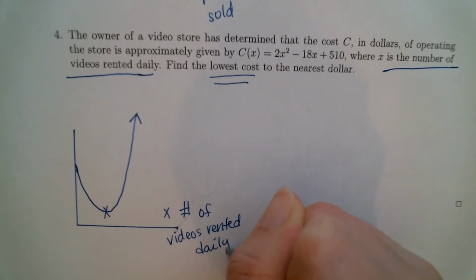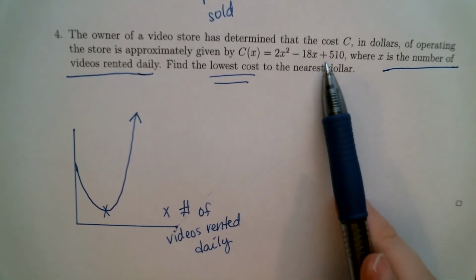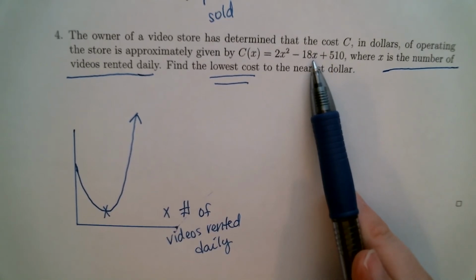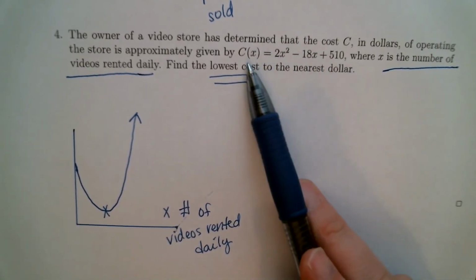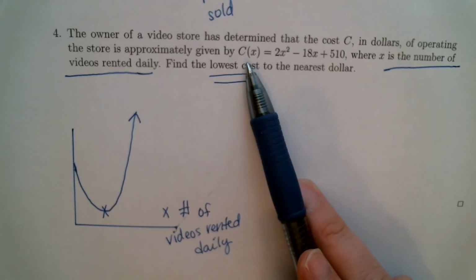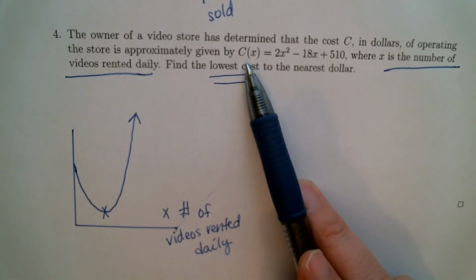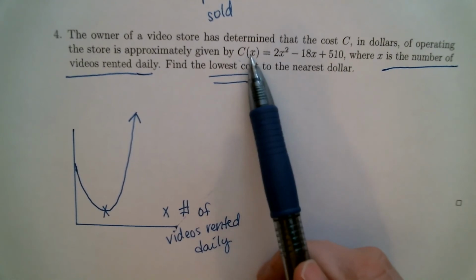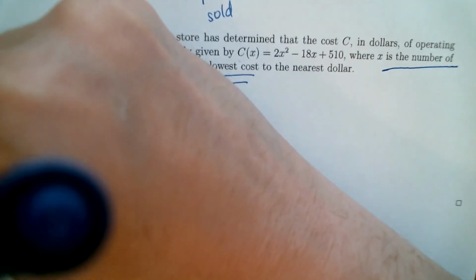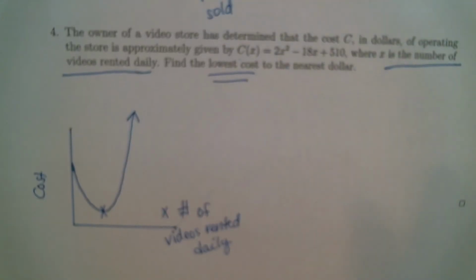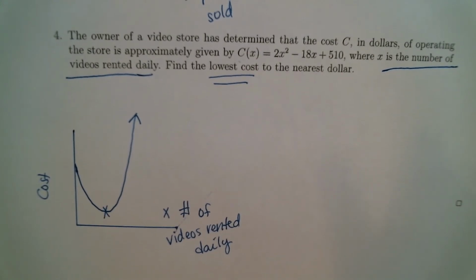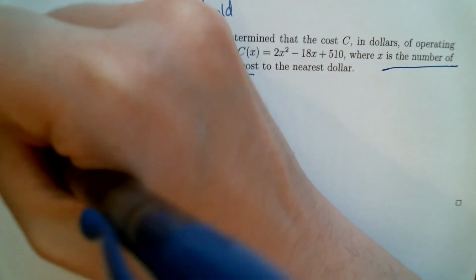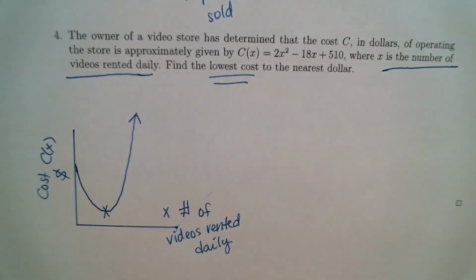The way this function works is you plug in your X value, the number of videos rented, and the output is going to be the cost of operating the store if that many videos are rented daily. So your Y axis is measuring the cost of operating the store. That's going to be your C of X. Cost is obviously measured in dollars.